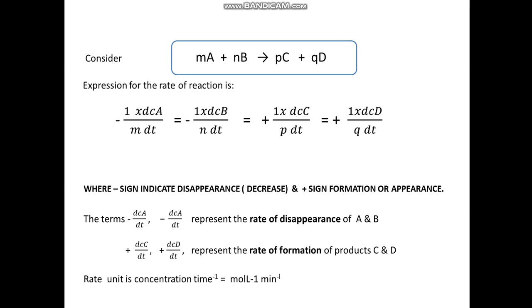The minus sign indicates the disappearance or decrease, and the plus sign stands for formation or appearance.